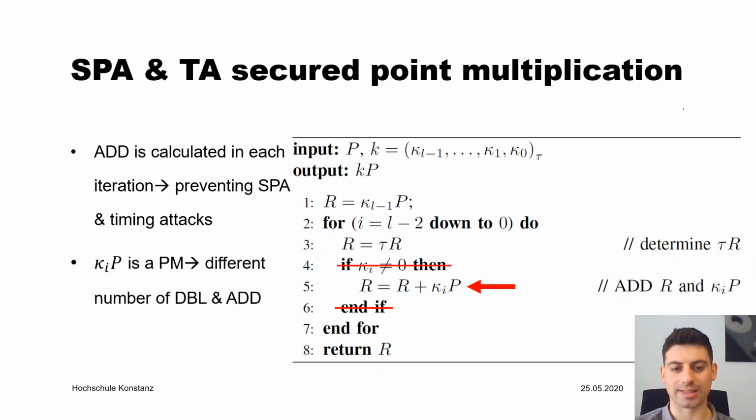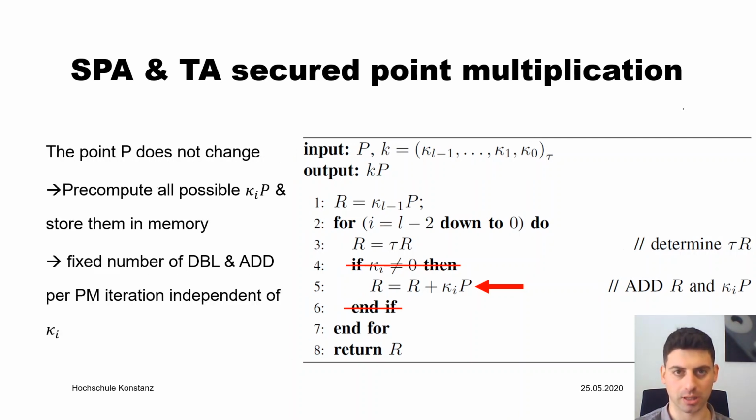However, the second summand of the point addition is a point multiplication that requires a different number of double and add operations. On the other hand, the point P does not change during the whole point multiplication algorithm.